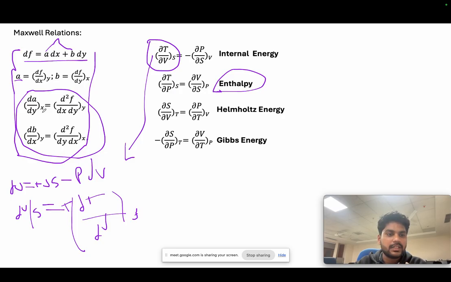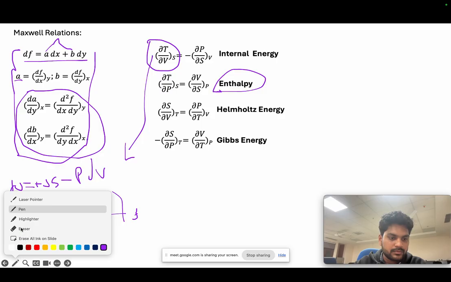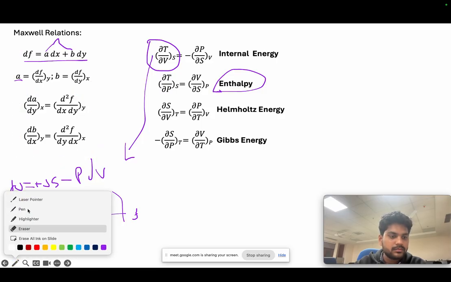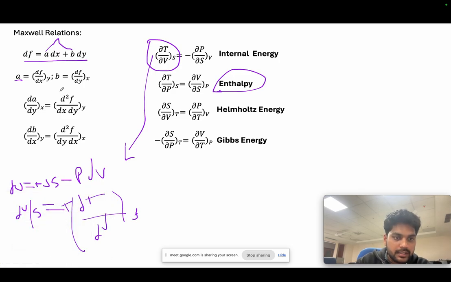One more thing I need to explain here is that this and this are the same entity. So then these two will be the same, because initially it is at constant x.